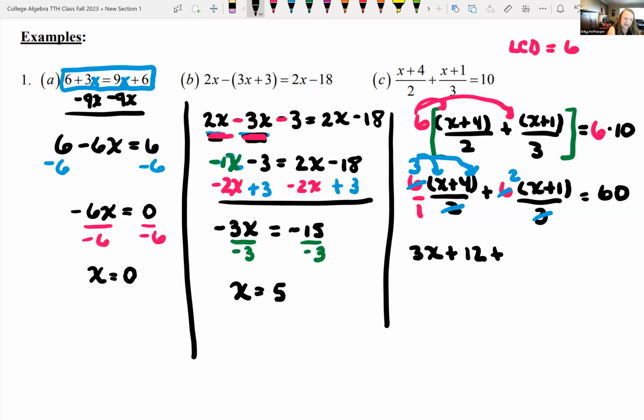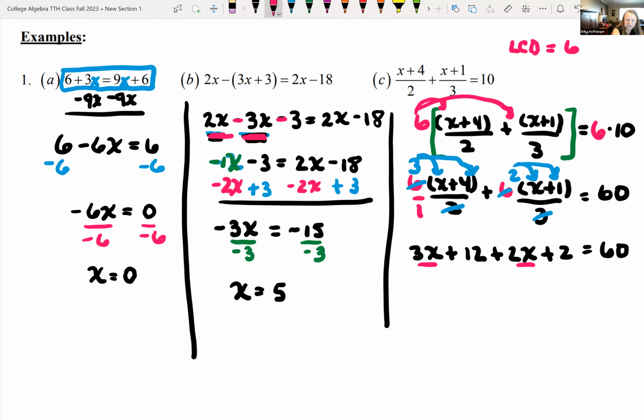Plus, so now we're taking the 2 and we're distributing it to both terms inside the parentheses. So 2 times x plus 2 times 1. So 2 times x gives me 2x plus 2 times 1 is 2. This is equal to 60.